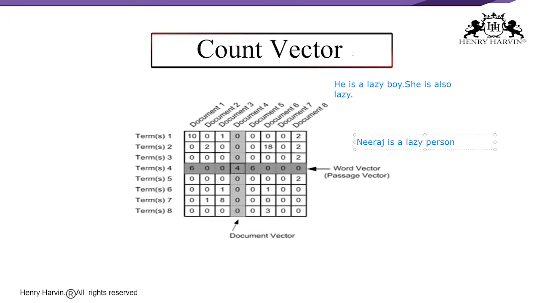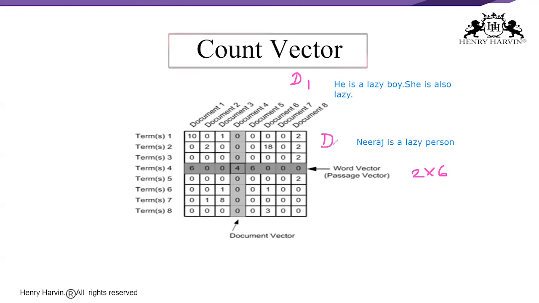Because what all am I going to consider? He, lazy, boy, she, Neeraj, person. So what do I get now? I'll be getting a count matrix of size 2 cross 6. So let us understand this. Let this be D1 and let this be D2. I'm going to write it over here, D1 and D2.